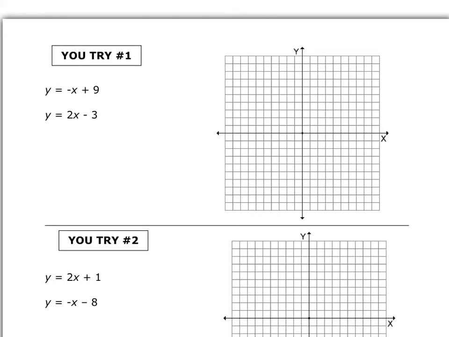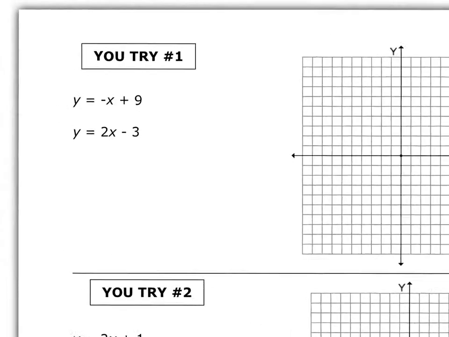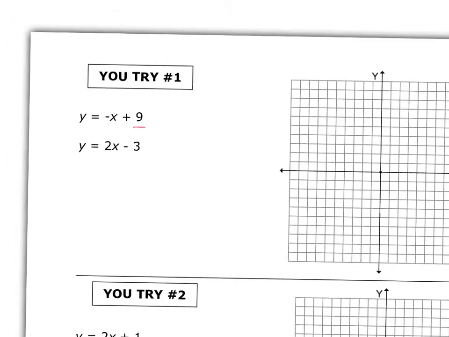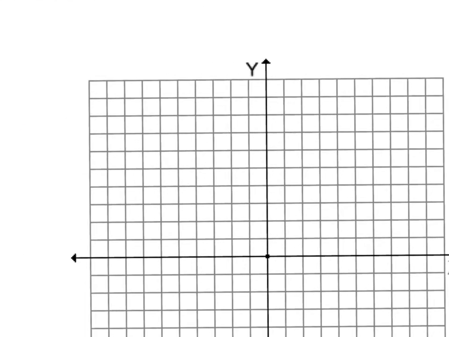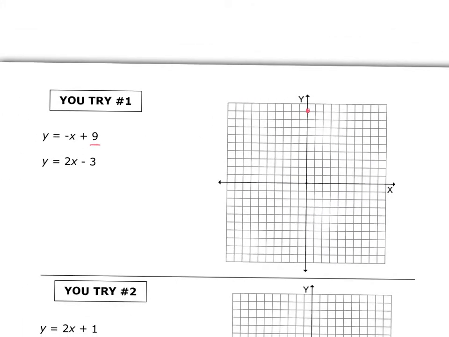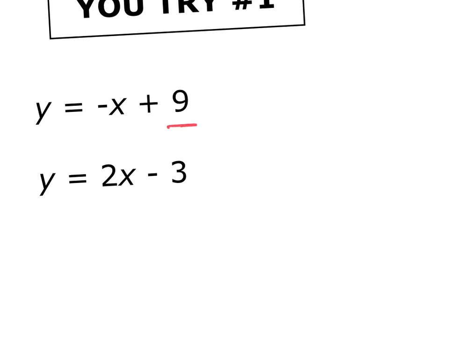All right, we're going to do one more example together, and then I'll have you do one on your own. Our first equation here, we have a y-intercept of 9. So let's go up to our y-intercept of 9 and plot a point. Once we have that point, we can do our slope, and like we've been doing, if you don't have a number out front, you can just put a 1.